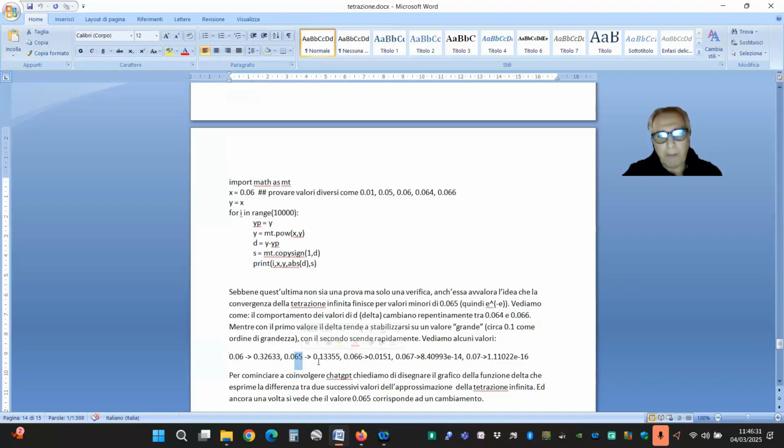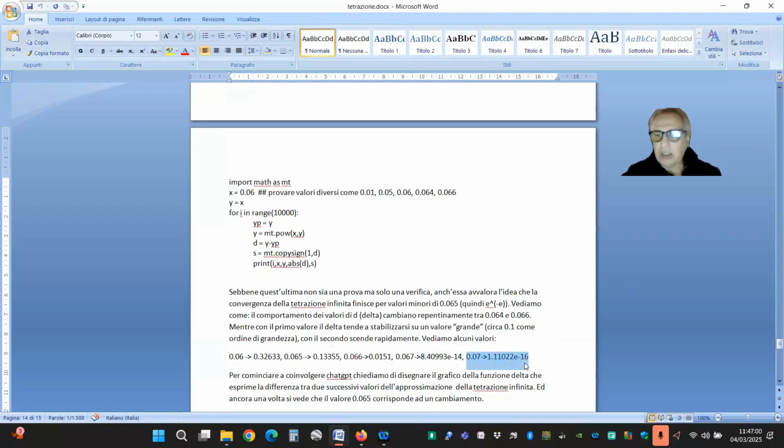The same thing happens for 0.065, but the amplitude of this oscillation decreases. At 0.066, the oscillation continues to decrease in amplitude. Suddenly, at 0.067, we still obtain an oscillatory behavior, but with a considerably lower value, close to 0.